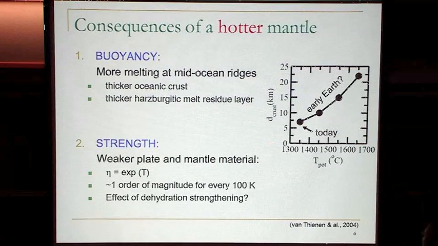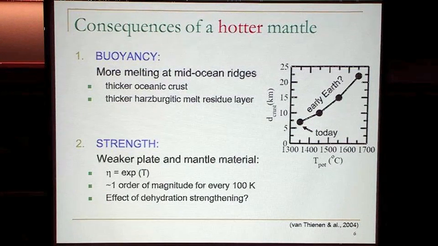It might have been more than 20 kilometers or so when the mantle was 300 degrees or so hotter than it is today. So that's the buoyancy. And in terms of strength, we'd expect a different strength of material as well. I'll get into a little bit more detail about this in the next 2 slides or so.